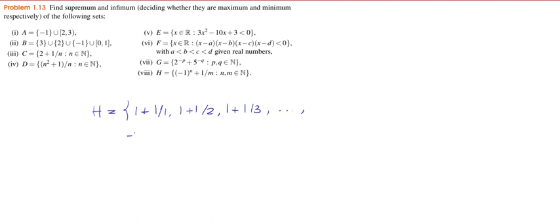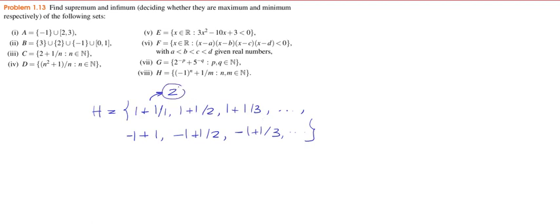And also you have -1 plus 1, -1 plus 1 over 2, -1 plus 1 over 3, and so on and so forth. Okay, so you have all possible values of n increasing here, and all possible values of n increasing here. So you have 2, and then 3/2, and 4/3, and so on.